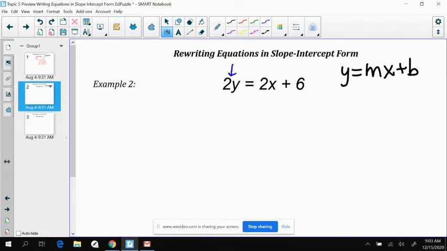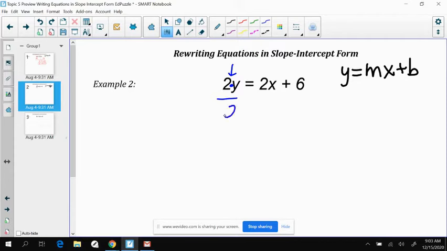The y term is all by itself on the left-hand side of the equation. Now, as you remember, 2 and y are connected by the operation of multiplication. To get y all by itself, we have to undo multiplication, and we undo multiplication by performing division.